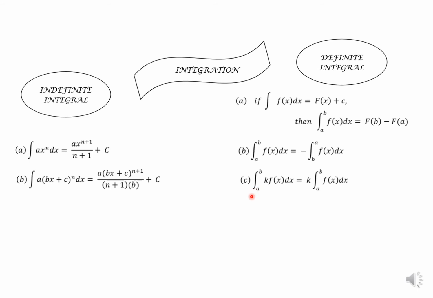C. Integrate from a to b k times function fx with respect to x is equal to k times integrate from a to b function fx with respect to x.